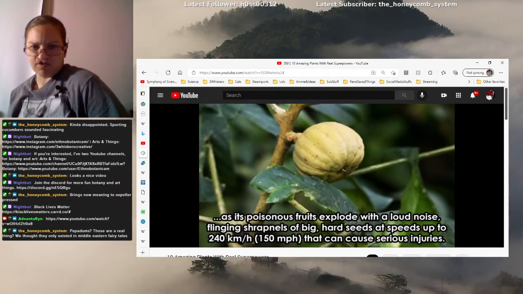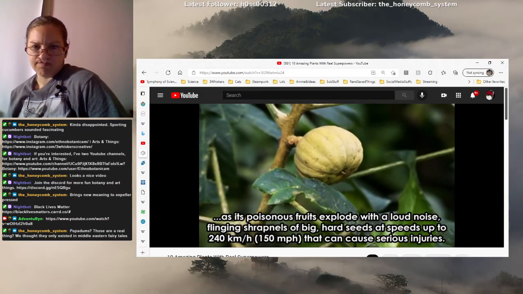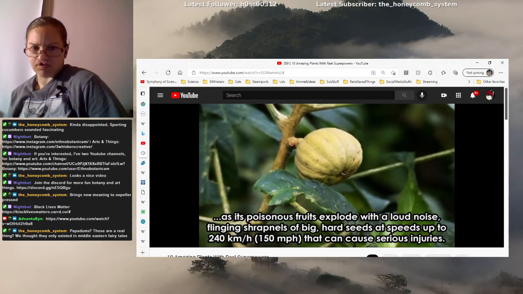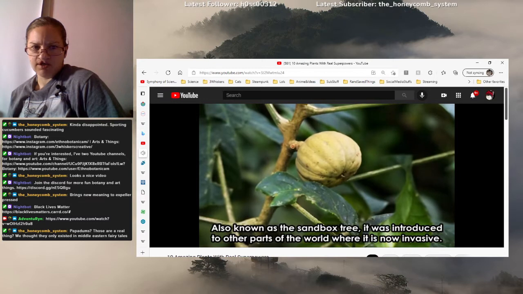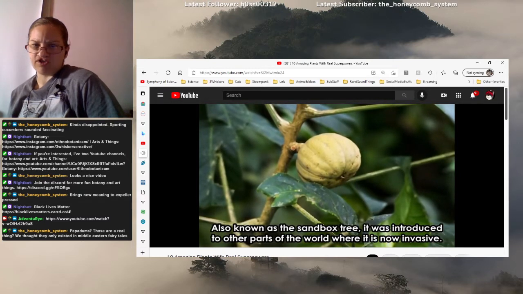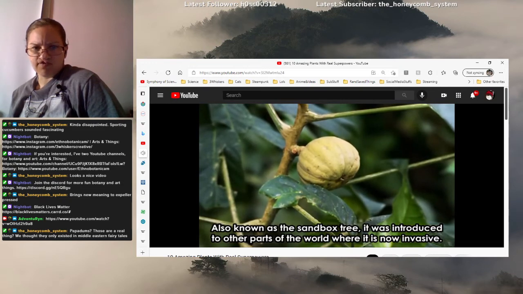The poisonous fruits explode with a loud noise, flinging shrapnel of big hard seeds at speeds of up to 240 kilometers an hour that can cause injury. Also known as the sandbox tree, it was introduced to other parts of the world where it's now invasive.